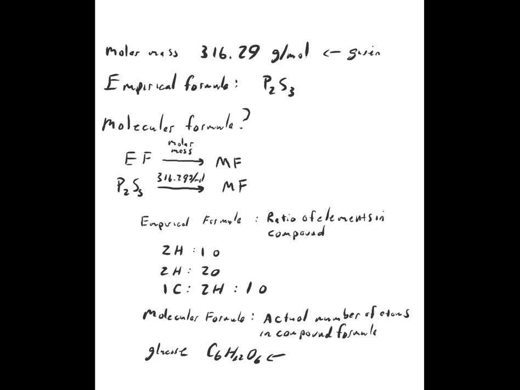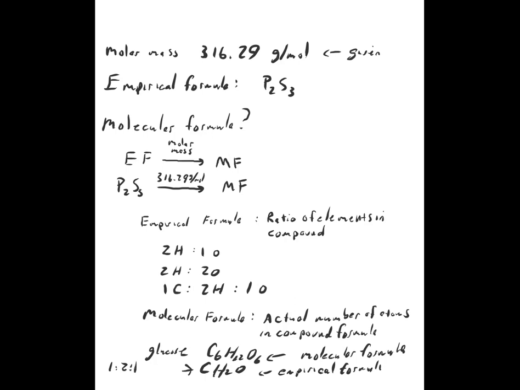It's just the ratio. So for glucose, the molecular formula is C6H12O6. That's the actual number of atoms. But the empirical formula would just be CH2O. This is the empirical formula. It's not the actual number of atoms. It's just the ratio 1 to 2 to 1, right?